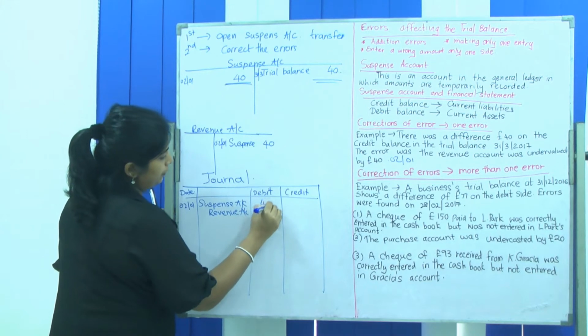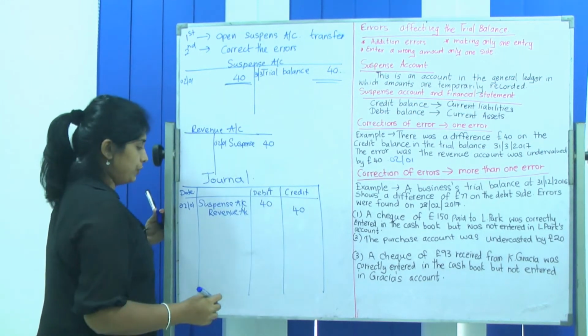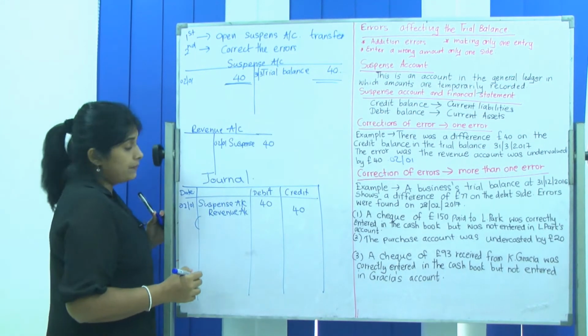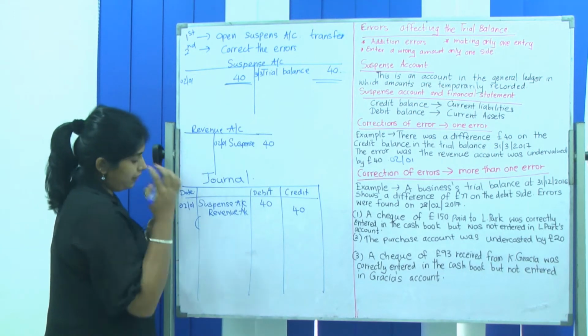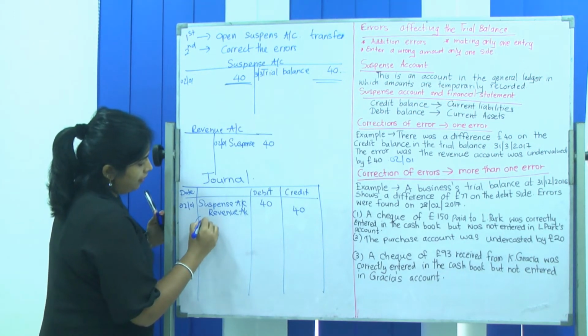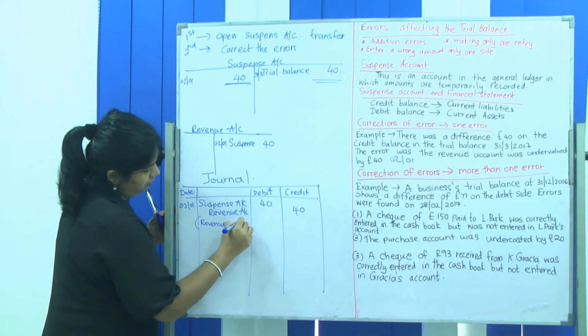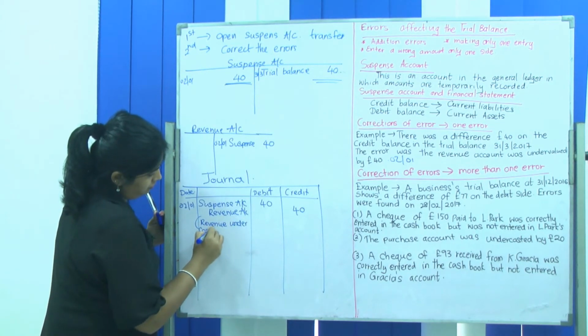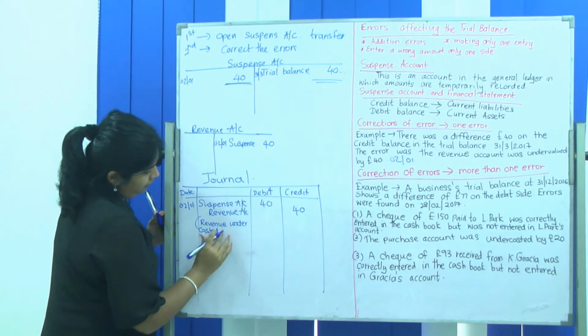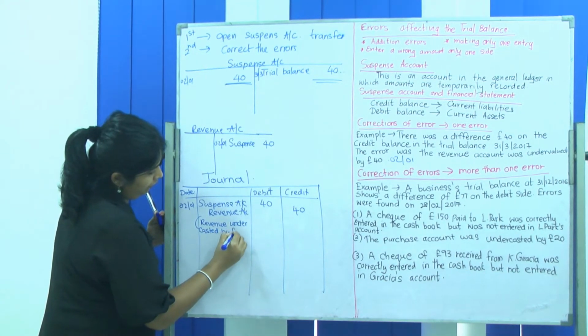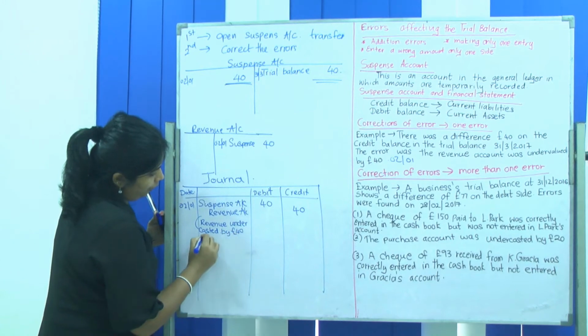So the amount will be 40. And sometimes they might ask you to write the narrative. The narrative will be revenue undercasted by 40 pounds, now corrected.